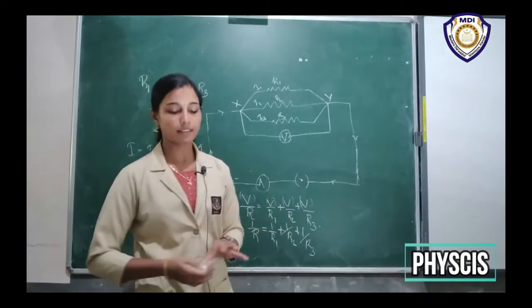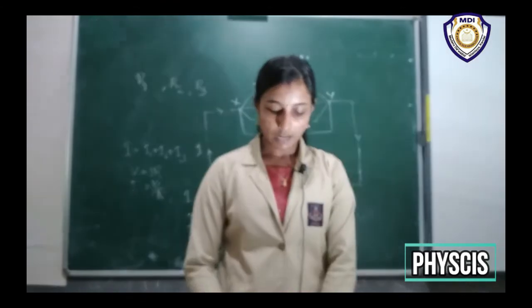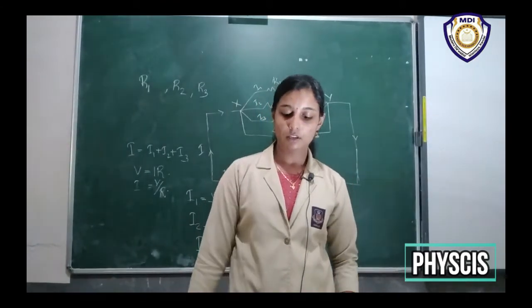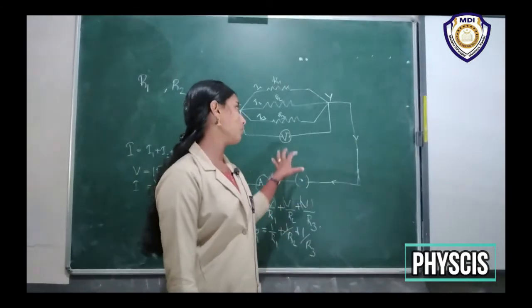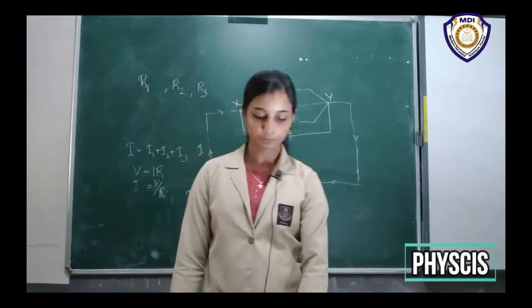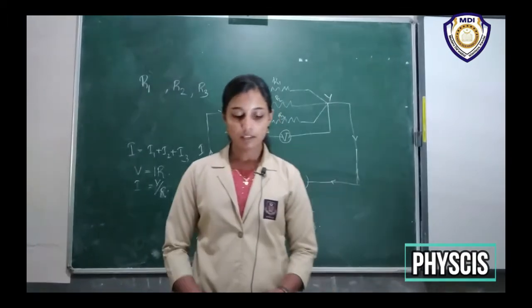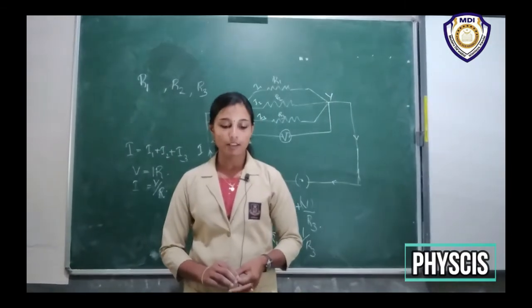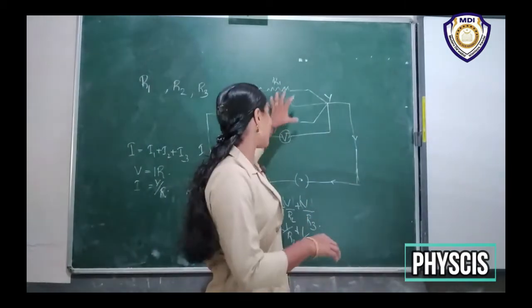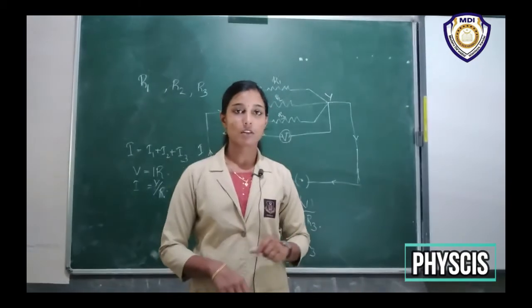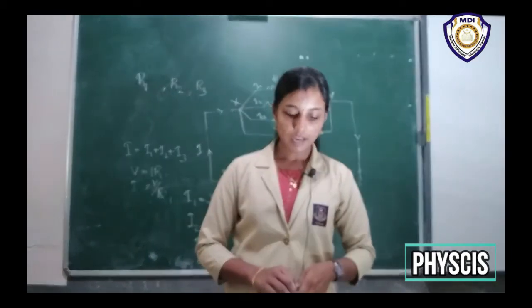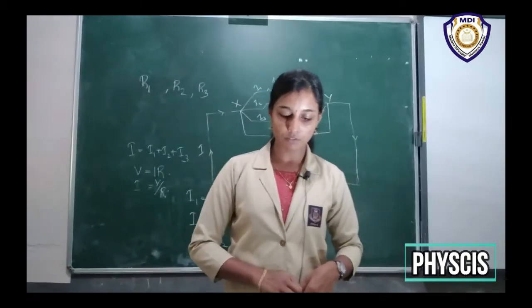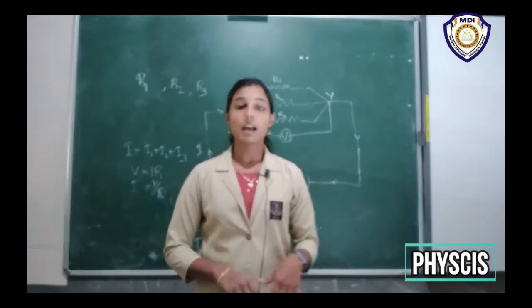So that is the resultant current. Okay. And also take the voltmeter reading. It gives the potential difference V across the combination of these three resistors. And this can be checked by connecting the voltmeter across the individual resistors also.